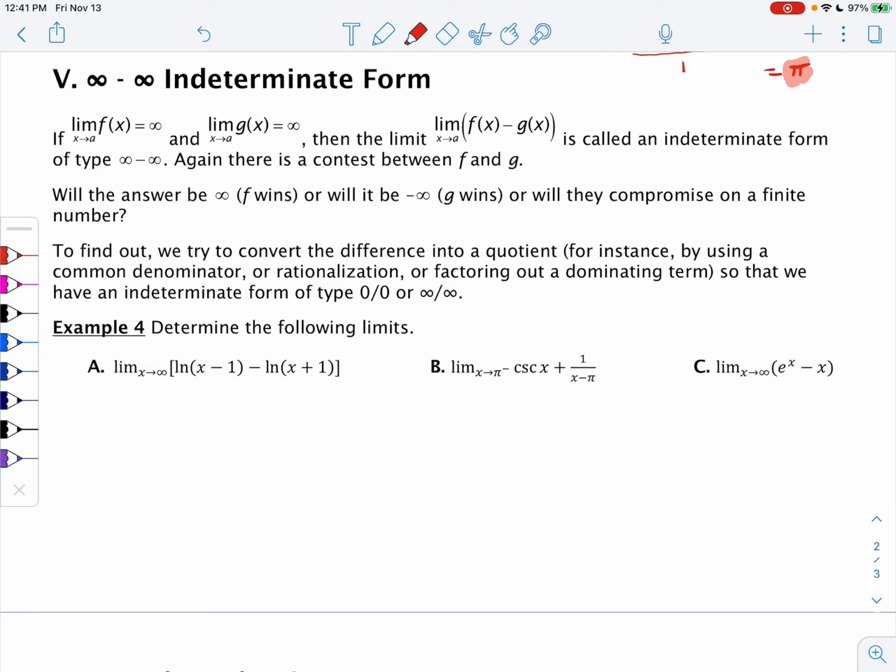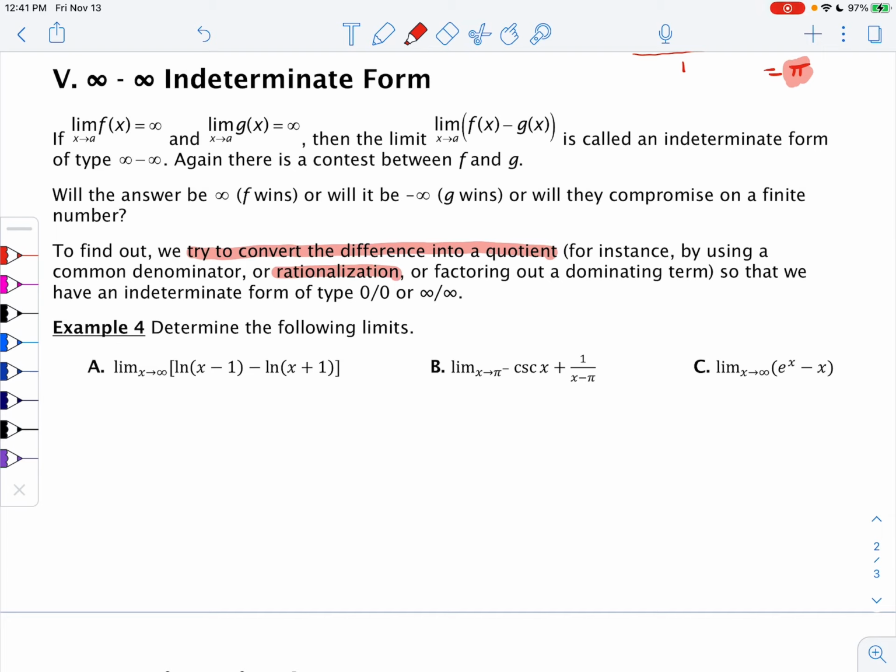It's a nice paragraph, the one right before our examples. It says we try to convert the difference into a quotient and see if L'Hopital's rule applies then. We might want to rationalize our function. Let's say we had the square root of x minus the square root of x plus 1 as x was going to infinity.